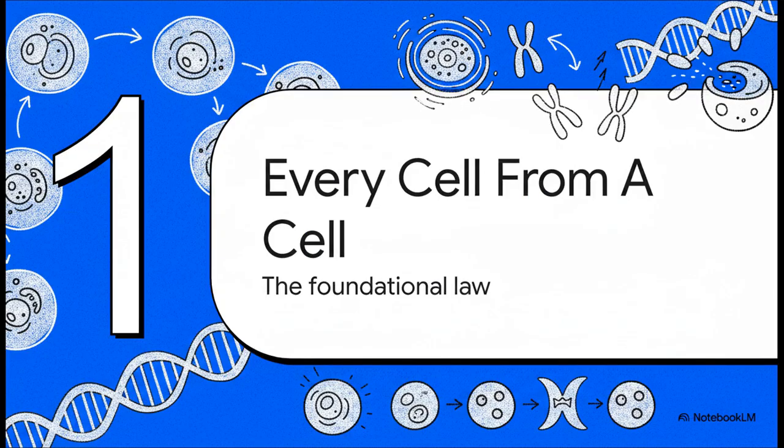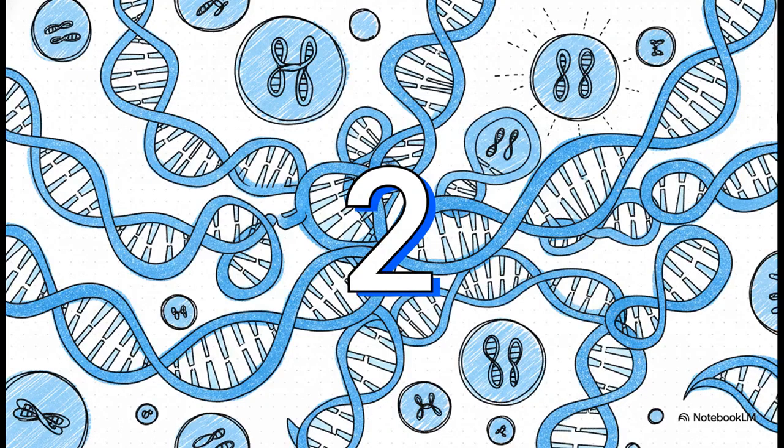All right, kicking things off with Module 1, every cell from a cell, the foundational law of continuous life. Just think about the immense physical task a cell has to pull off when it passes on its genetic material. Before it can divide into two identical daughter cells, it has to completely copy its entire genome. And honestly, the sheer scale of what we are talking about here is just staggering.